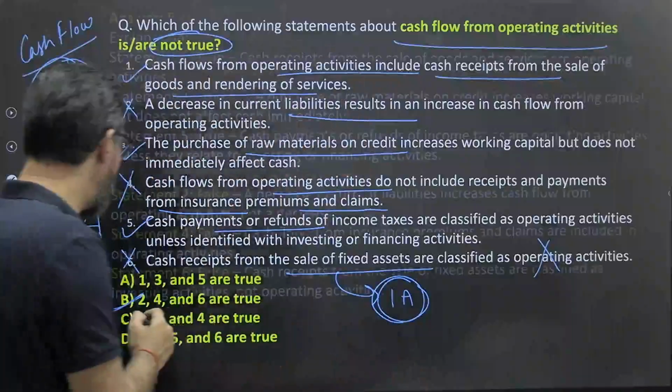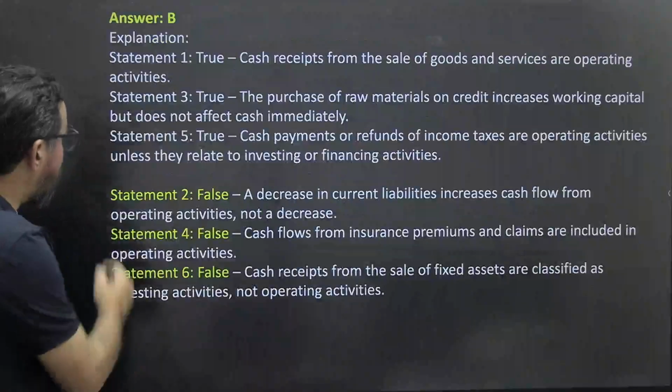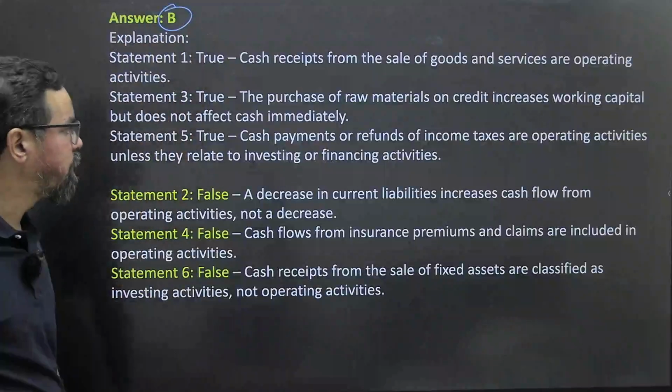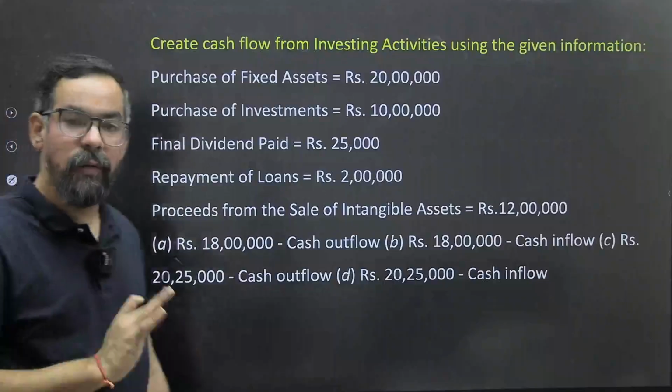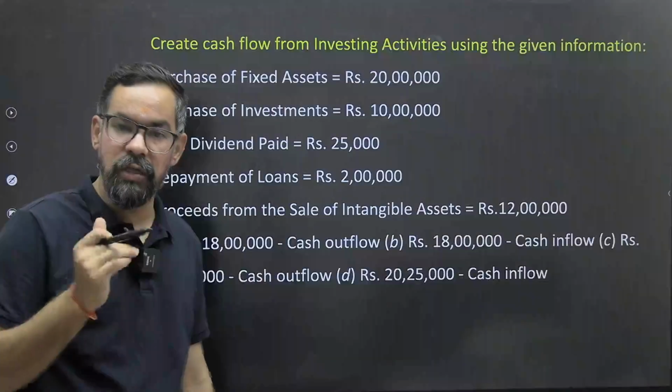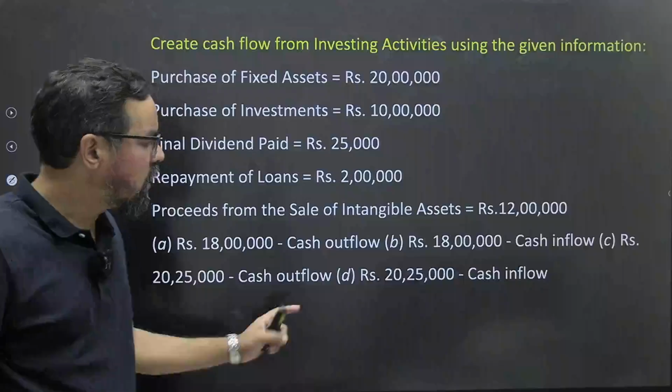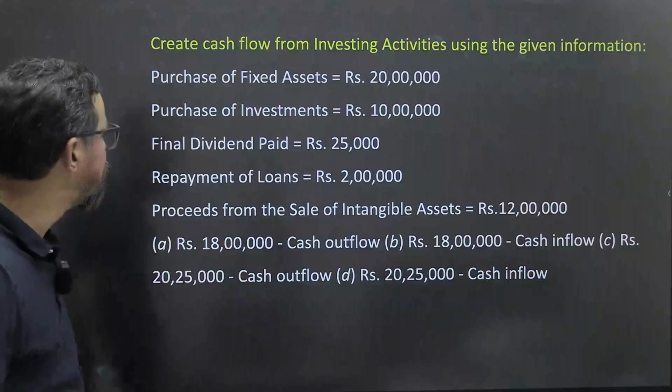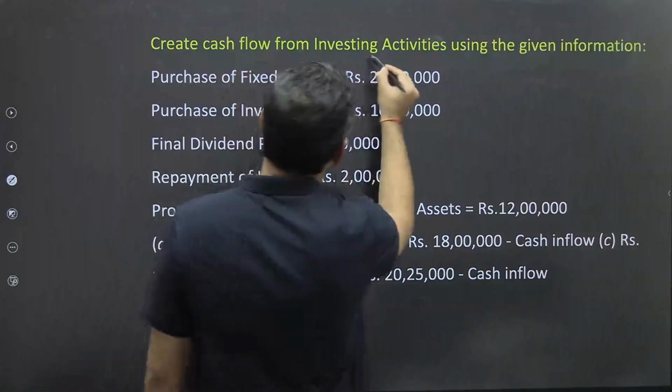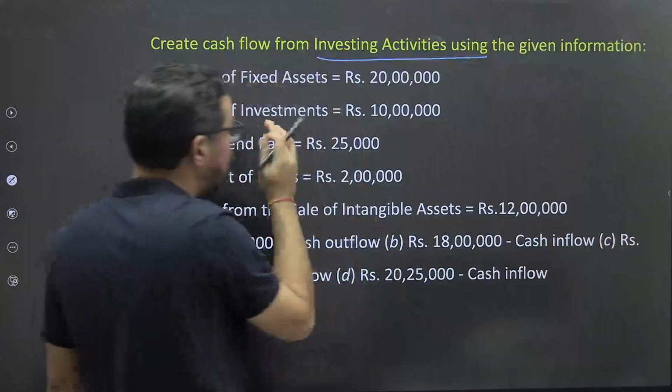So what will be your correct answer? B will be the right answer for this one. Next one: this type of question is also asked, one based on application and statements, another with numbers, very simple. Calculate cash flow from investing activities using the given information.